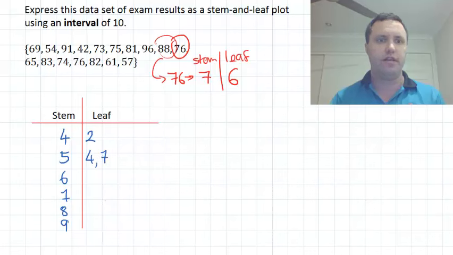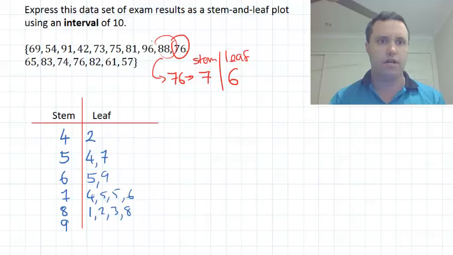Our 60s, 65, 69. 70s: we've got 74, 76, 75, a couple of 76, so 74, 75, 75, and 76. 80s: 81, 82, 83, and 88. And 91 and 96.